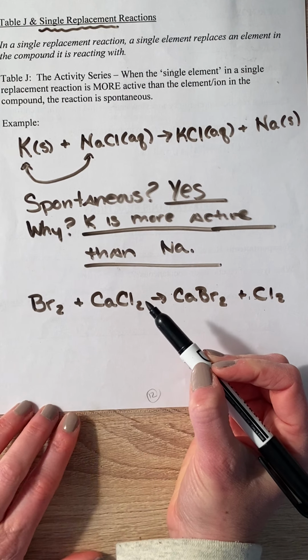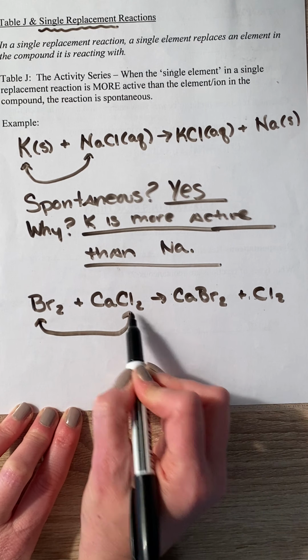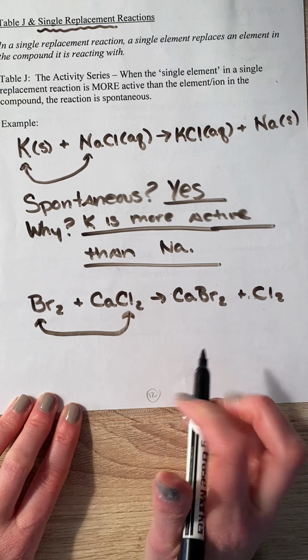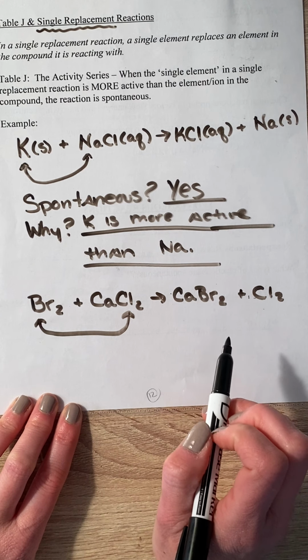Since we're dealing with nonmetals here, this will take the place of that. We can see bromine is now bonded with the barium and the chlorine is now off on its own.